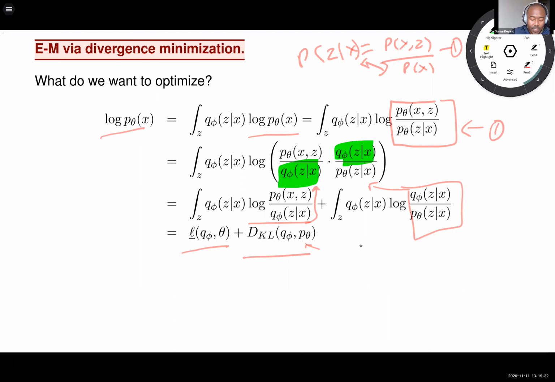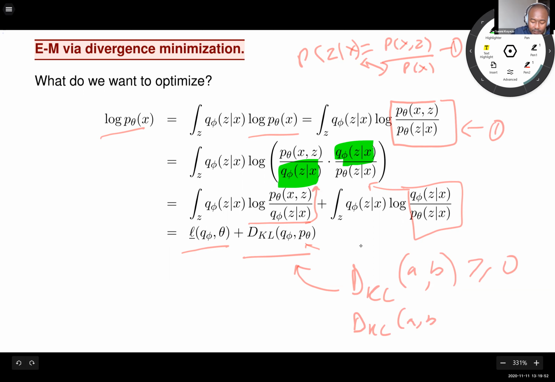Some things to point out, which will end up being useful: any KL divergence is always non-negative and is only zero if the 2 distributions are the same. So if I do this between A and B, DKL of A, B is equal to 0 if and only if A is equal to B. So it's only 0 if the 2 distributions are exactly the same.